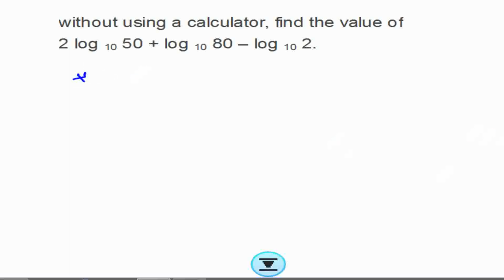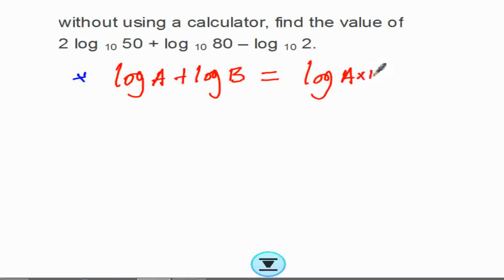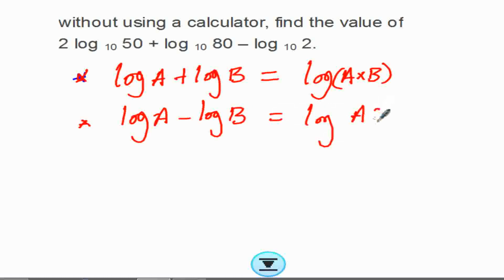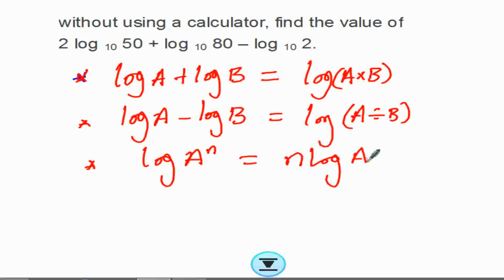The first one is that log of A plus log of B is equal to log of A times B. The second one, the log of A minus log of B is the same as log of A divided by B. And the last one we shall use in that question will be the log of A power n is the same as n log of A. So these are the three laws we are going to use for this particular question.